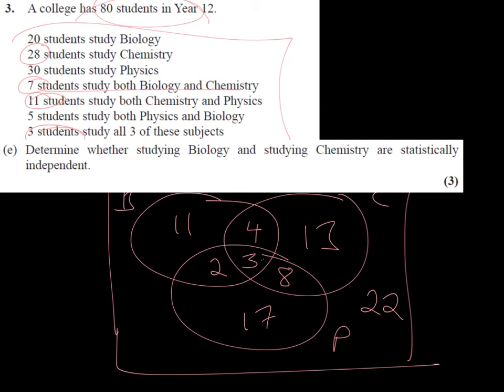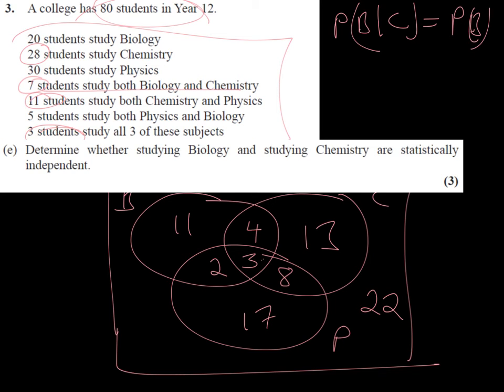There are a couple of different ways that you could do part E, which is asking you to determine whether studying biology and chemistry are statistically independent, but the most straightforward is recognising that if these two subjects are independent, the probability of choosing biology given that you're studying chemistry will be the same as the probability of choosing biology.